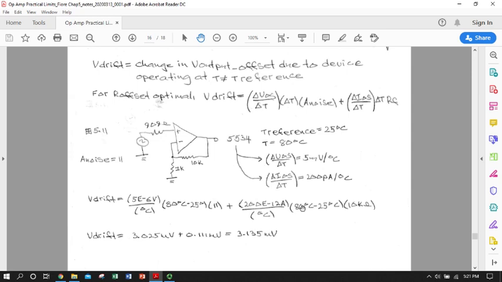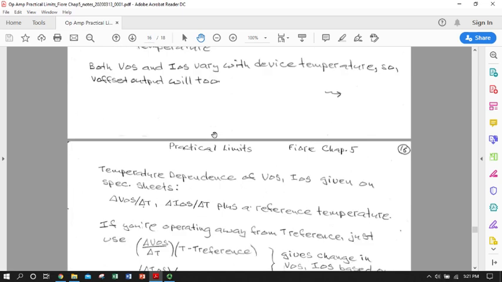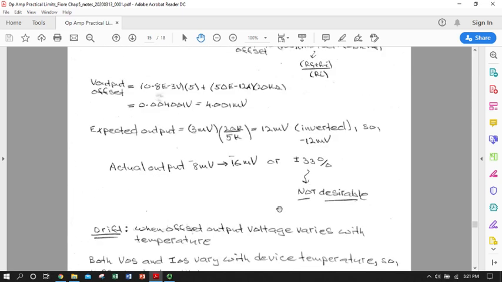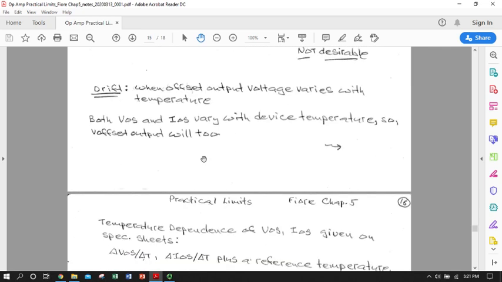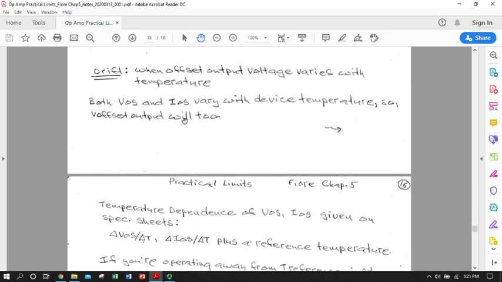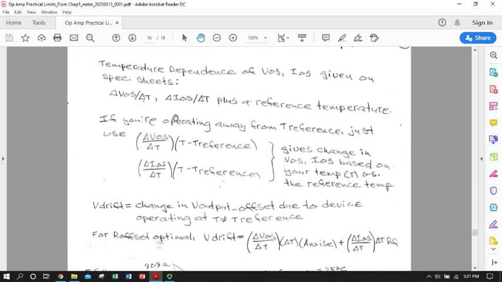Picoamps is 10 to the minus 12. Here's our delta T and our feedback. And we get a drift voltage of 3 millivolts. So we can null out the effect, this horrible effect of our offset voltage. There are ways to do that, and I haven't hit it in the notes, but Fiori does discuss using a null potentiometer to get rid of that.